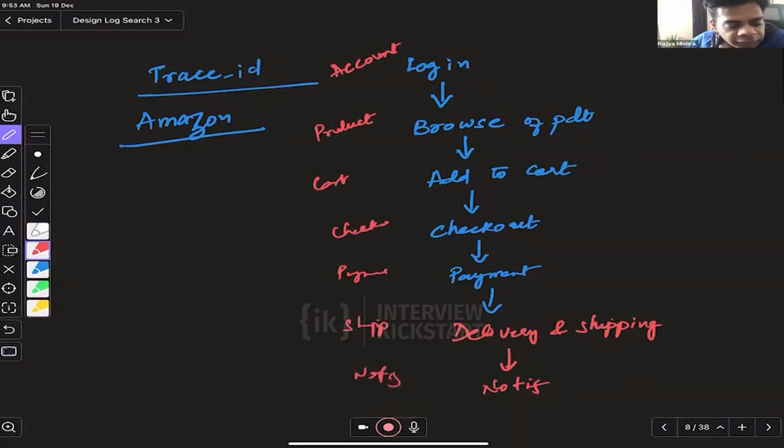So all these are different services. Now let's say the user says that I ordered some product, I ordered a mobile phone and I have not received it. So this query comes to the customer service team.